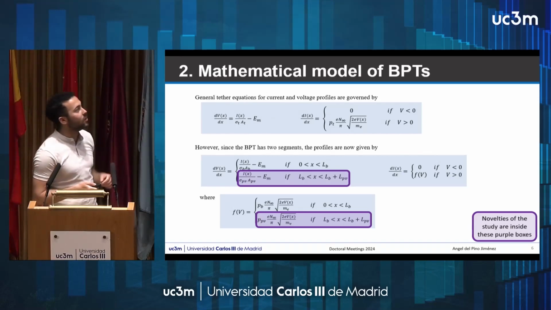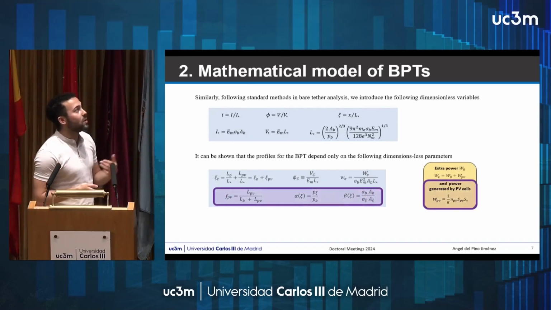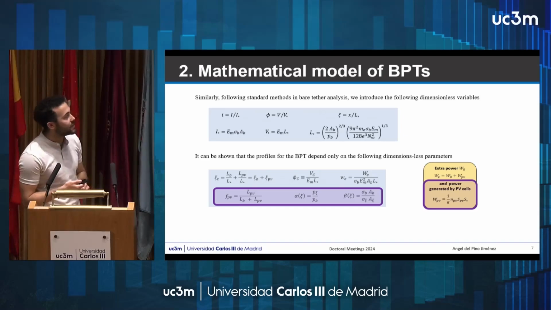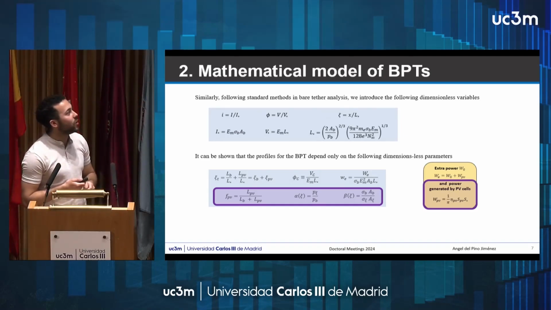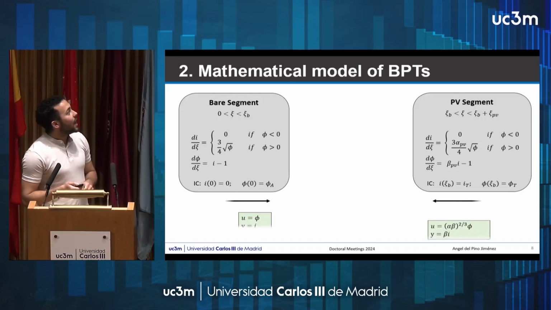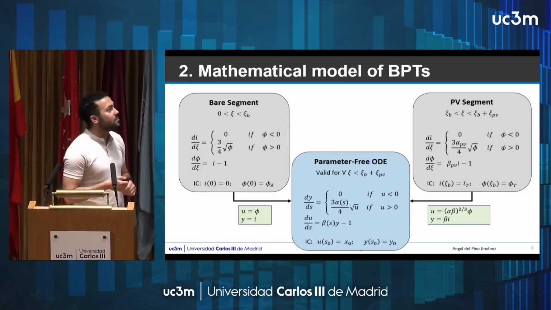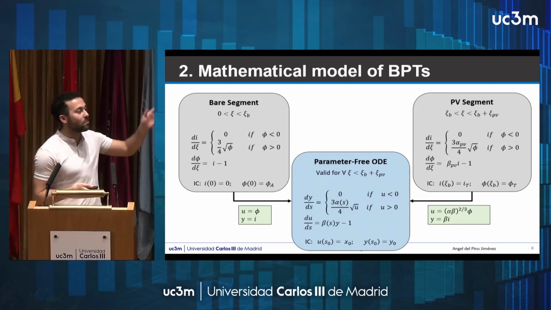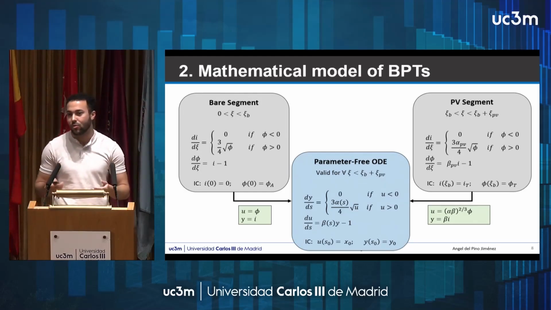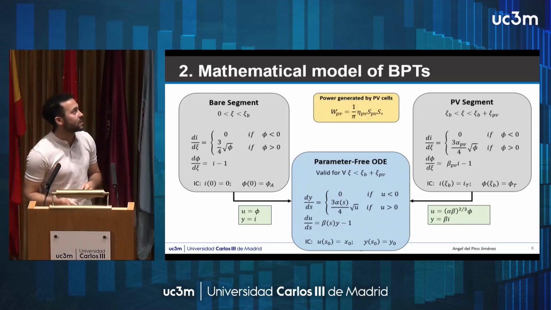So in purple you can see the novelties that we have introduced, and we have followed the same dimensionless analysis typically done in tether analysis, plus new implementation. And this all leads into a new formalism, and it's important to say that the standard tethers can be derived from this model if we set the photovoltaic segment to 0 and if we fix the physical properties of the system.